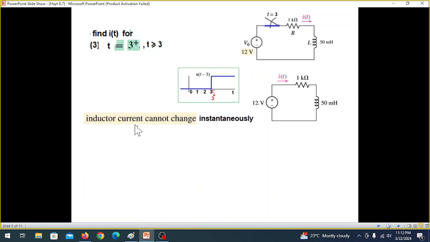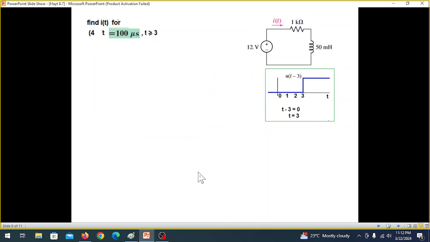The inductor current cannot change instantaneously. However, the inductor voltage will change. So we know that i(3 minus) was 0, we had calculated. Therefore, we can say that i(3 plus) is also equal to i(3 minus), which is equal to 0. This is part 3.